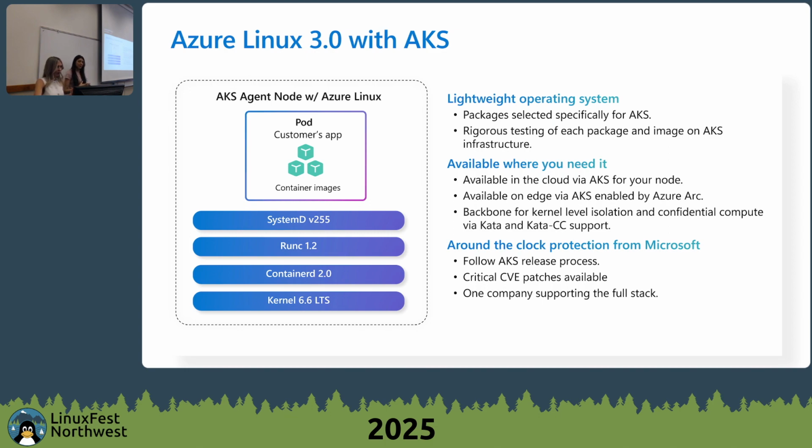It's also available for edge scenarios via AKS enabled by Azure Arc. And then we also support with Azure Linux different use cases like kernel level isolation and confidential compute with our Kata and Kata CC offerings, which increase security and isolation in shared Kubernetes environments, or maybe if you're running a multi-tenancy scenario.